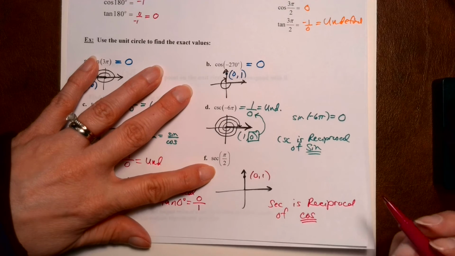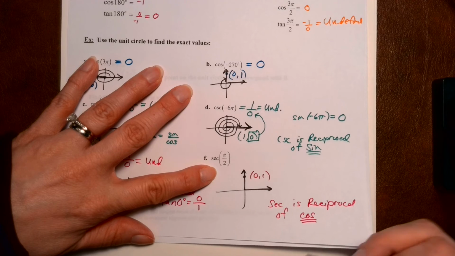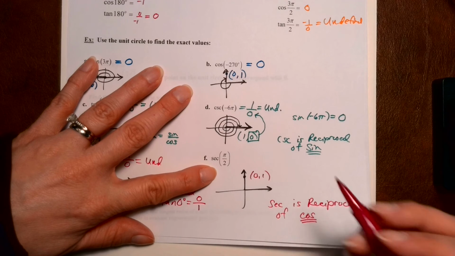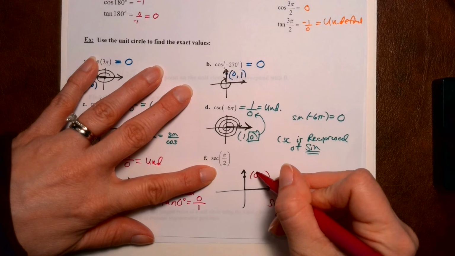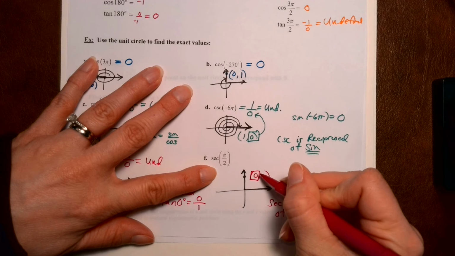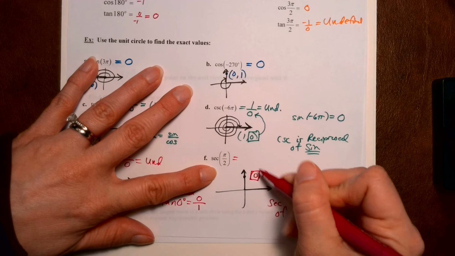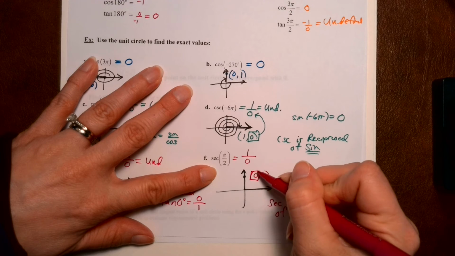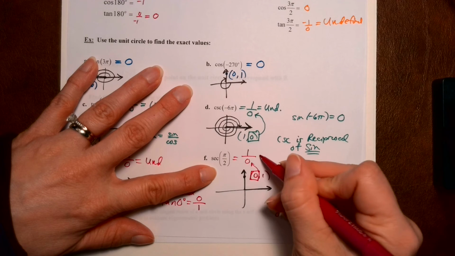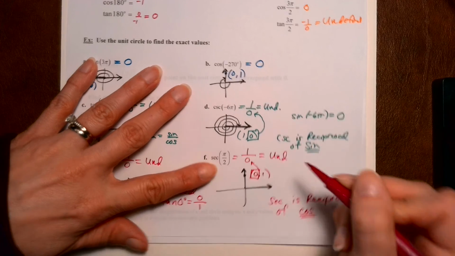So you take your cosine answer and you reciprocate it. The cosine value is 0, so I'm going to put that in the denominator. 1 over 0. Reciprocate it. Oh, which makes undefined.